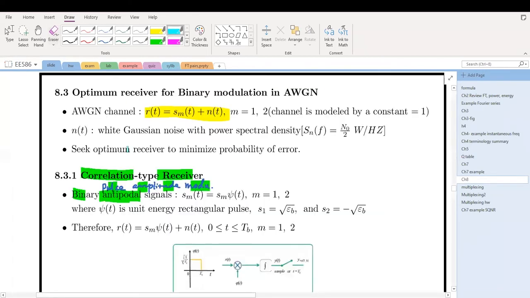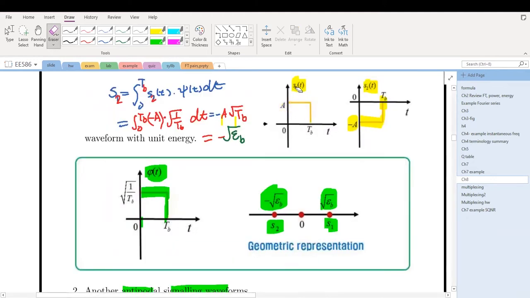Next, let's discuss the optimal receiver to minimize the probability of error. Such a receiver is the correlation receiver. We assume that a binary antipodal signal is being transmitted. Antipodal, that's pulse amplitude modulation. An example of this is s1(t) and s2(t). You can see this pulse and this pulse, that's antipodal.